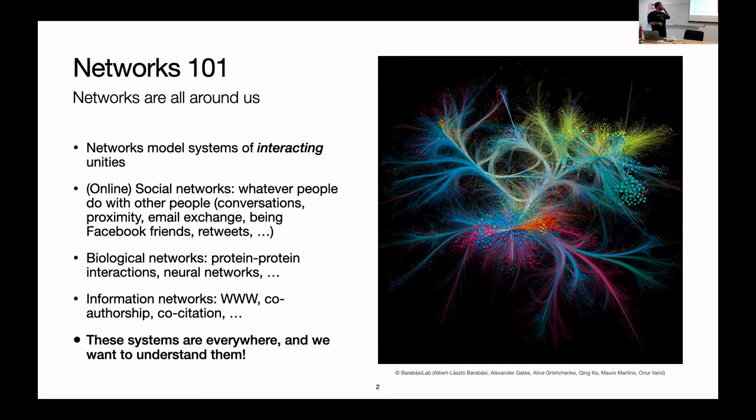We can also find networks in biology, for example neural networks, both brain networks and artificial neural networks, and also information networks or human-made networks like the internet or authorship, so researchers that write papers together, or citation networks like in the figure on the right, in which the nodes, the dots, are papers, and two papers are linked together if they are cited together by a paper.